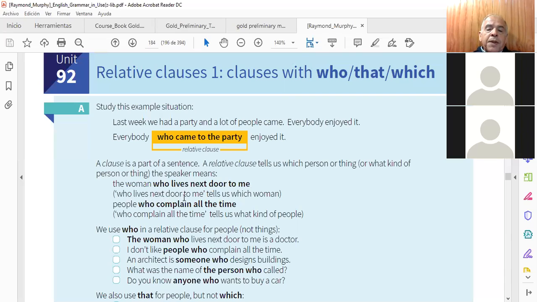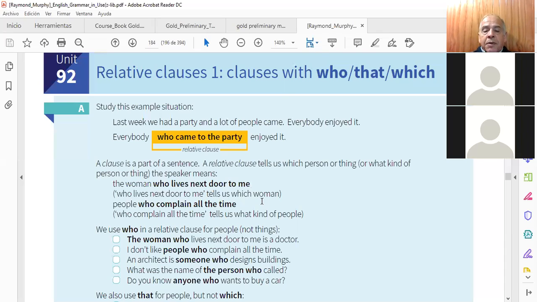Who lives next door to me tells us which woman. If I say, the woman opened the door, I don't know what woman that was. It could be any woman, but if I say, the woman who lives next door to me opened the door, I am clarifying who is doing a certain action.